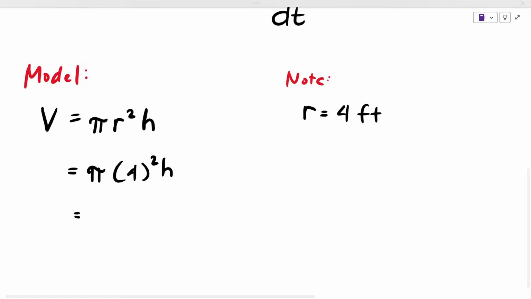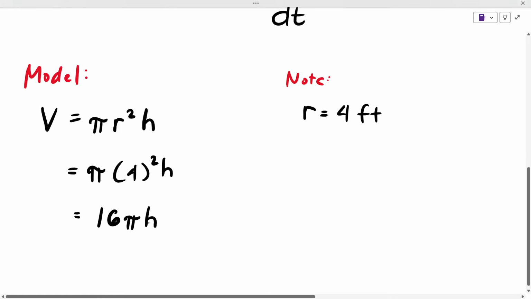This gives us V equals 16 pi h. So I think we're done here in modeling the equation.